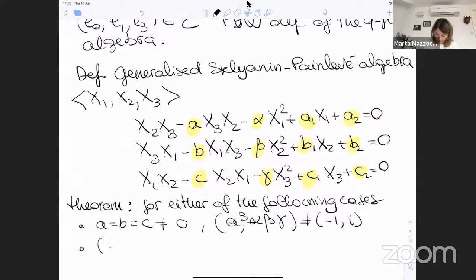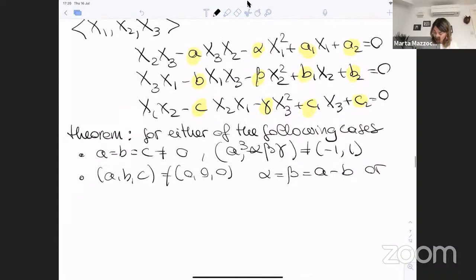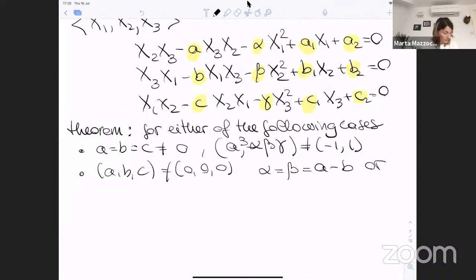Then we have A, B, C not all equal to 0, and then some relations like alpha equal to beta, or gamma equal to alpha equal to C minus A, and so on, and similar.